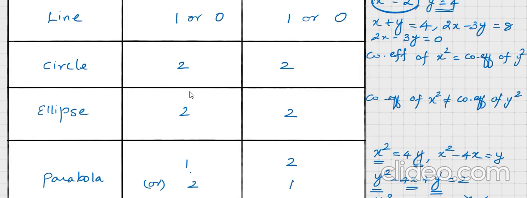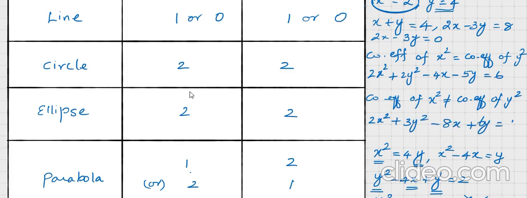See, 2x square plus 2y square minus 4x minus 5y equal to 6 is an example for a circle, whereas 2x square plus 3y square minus 8x plus 6y equal to 10 is an example for an ellipse.